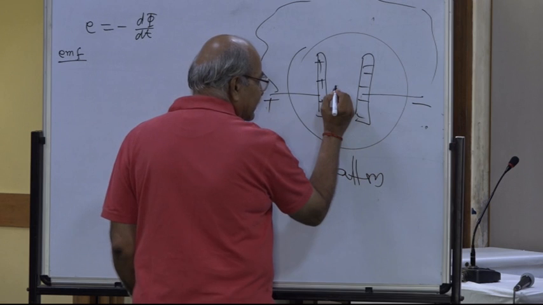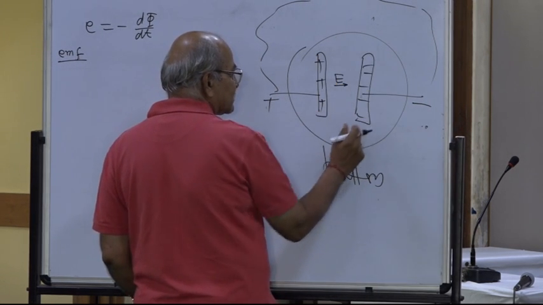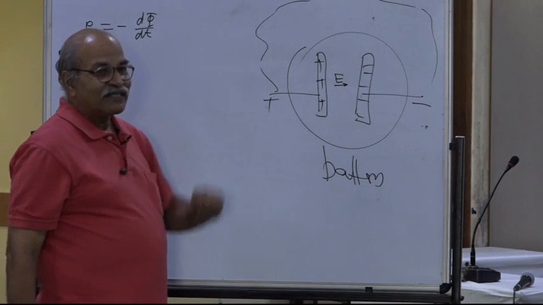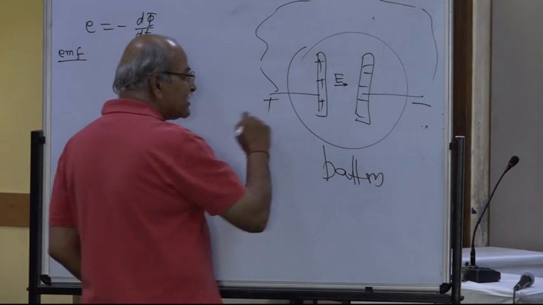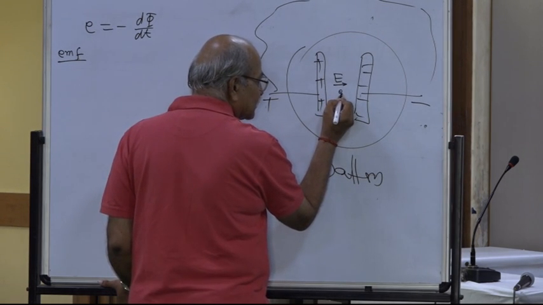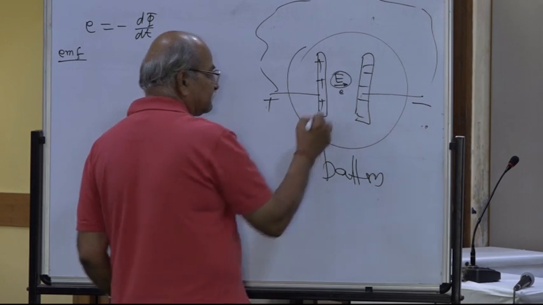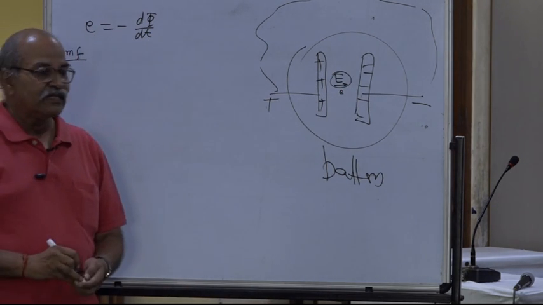Now, yes, there is an electric field. But in which direction will the positive charge and the negative charge move because of this? Electrons, which direction will they move?